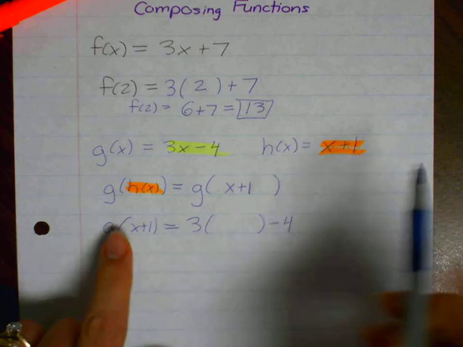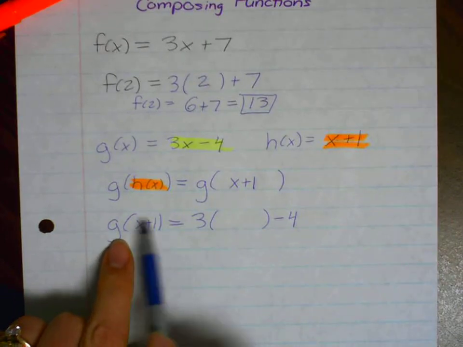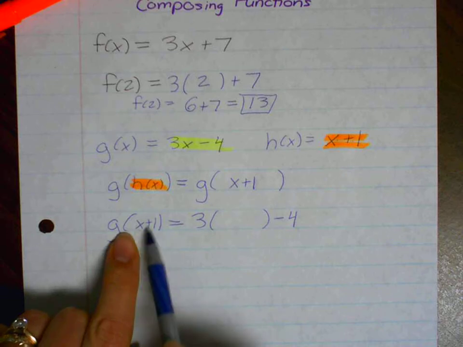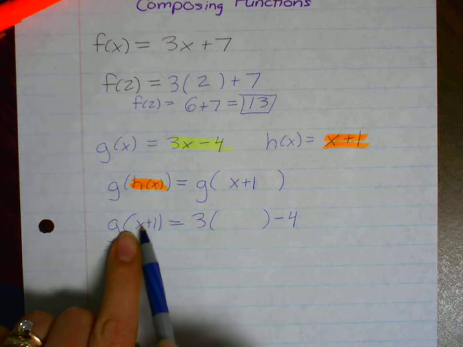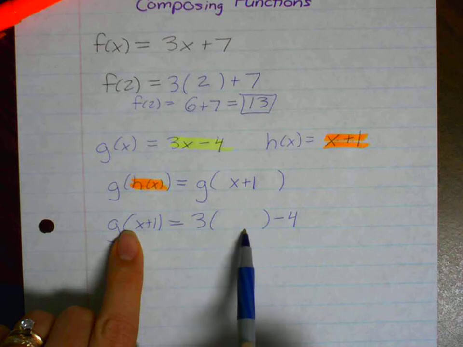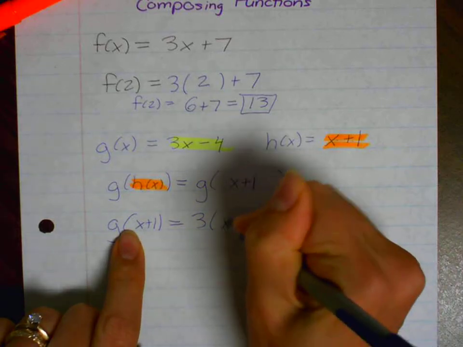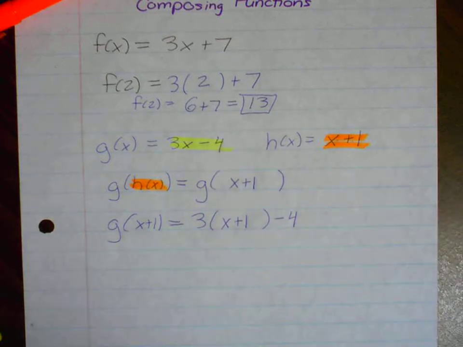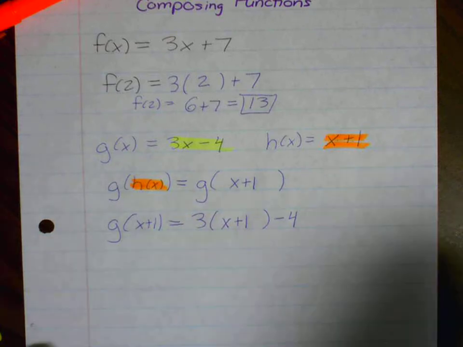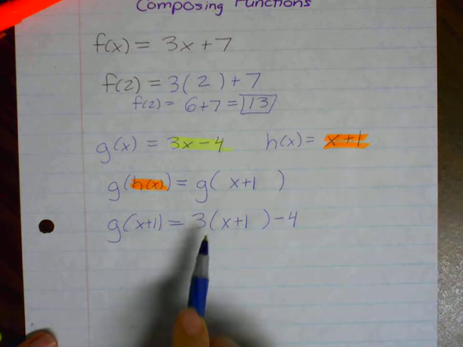So now, again, just like in my easier Algebra 1, this is replacing the x. This is the input. Remember, x is always input. This is going in the parentheses. It's input. It's going in the parentheses. So now, what I have is some distributing to do here.